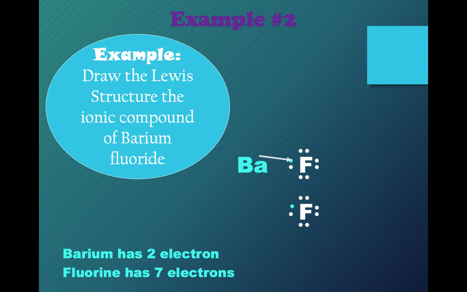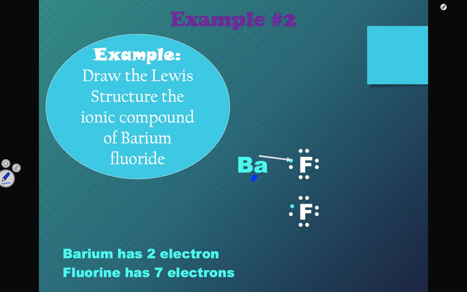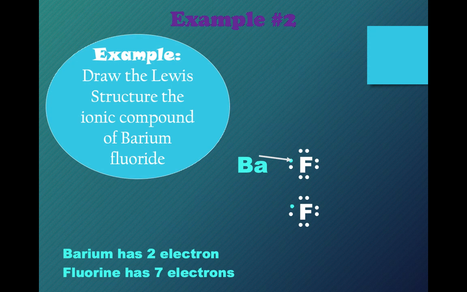Fluorine can only accept 1 electron. So this is where step 4 comes into play, because I have this little extra dot on the barium. And so I'm adding an additional fluorine so that that second electron can be transferred over.